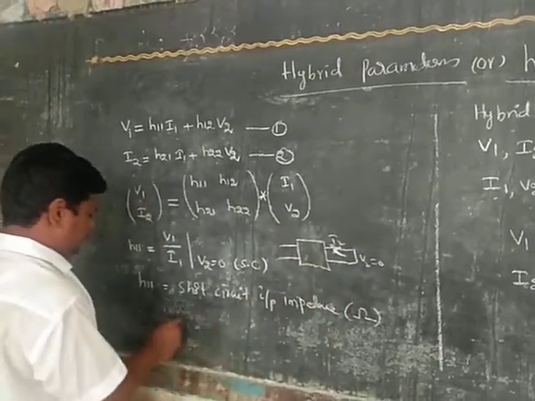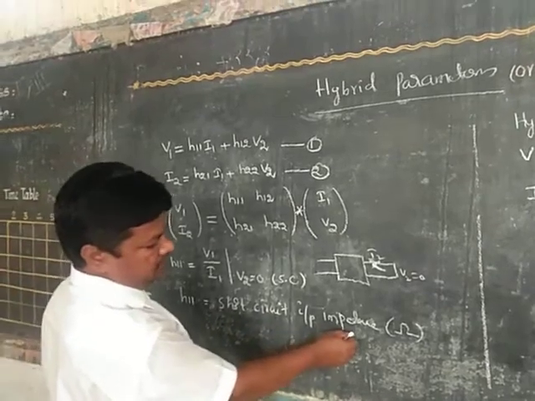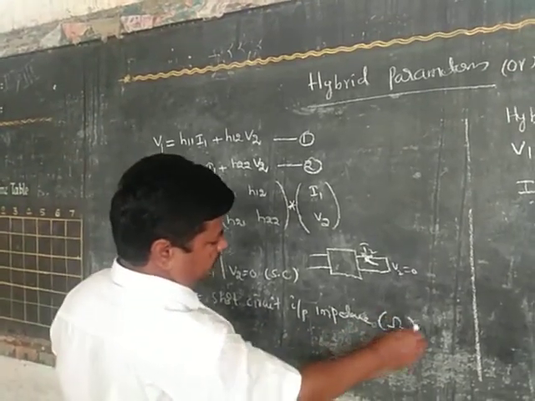That's why H11 is also called short circuit input impedance, measured in ohms.